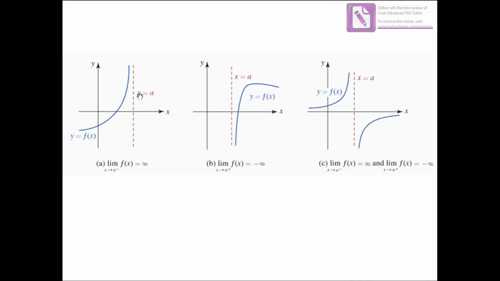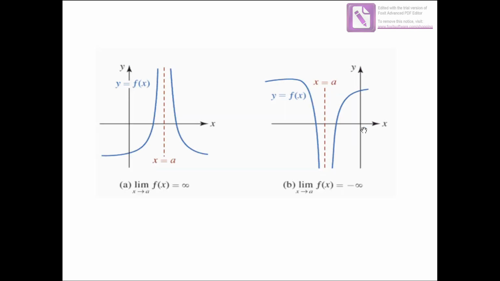And by the vertical asymptote we mean this line, which is x equals a. Here it is just from one side, but the function has a vertical asymptote. Here also this function goes to minus infinity from one side, and we call this a vertical asymptote. This one has two different limits when x approaches a from the right and when x approaches a from the left, and we call this a vertical asymptote.